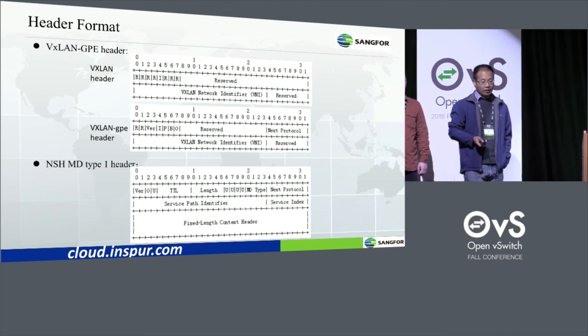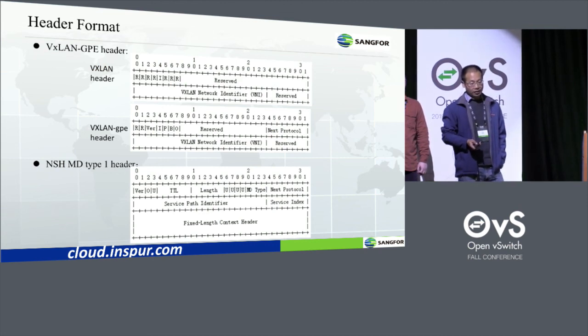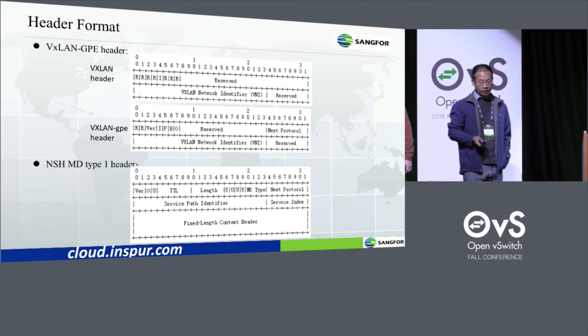VXLAN GPE is a VXLAN extension. It uses some reserved bits. It defines next protocol and some flags.